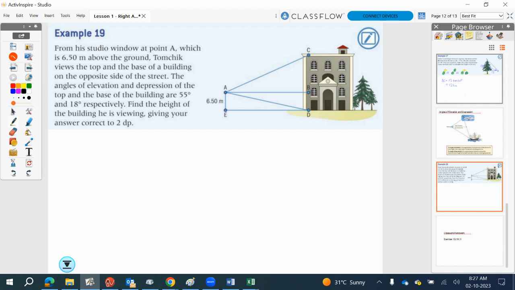Sorry, you want. So it's like, what are the angles of elevation? I'll go through it in half a minute.